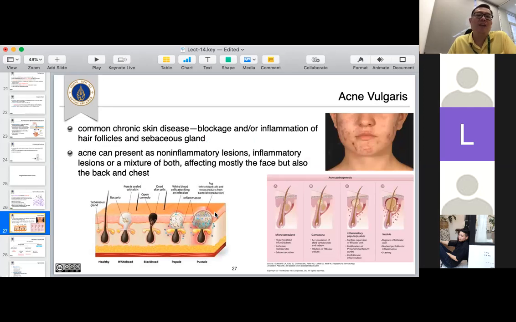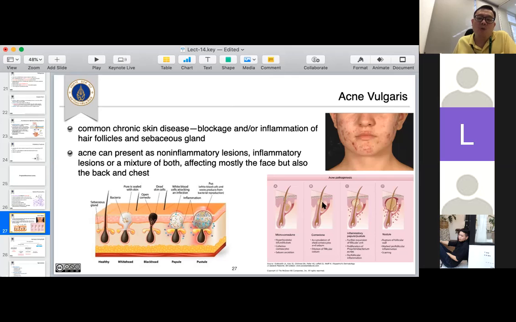The causative agent of chronic skin disease by blocking the hair follicle. Hair follicle means รูขุมขน, and the sebaceous gland. Normally this is the hair follicle, and the sebaceous gland is nearby the hair follicle. Bacteria basically stay on the surface and can localize in the hair follicle.